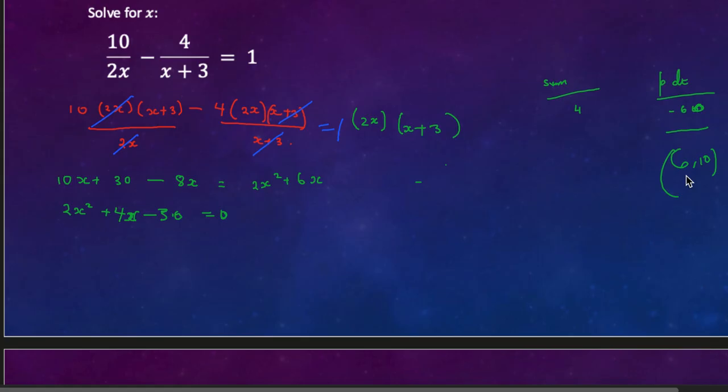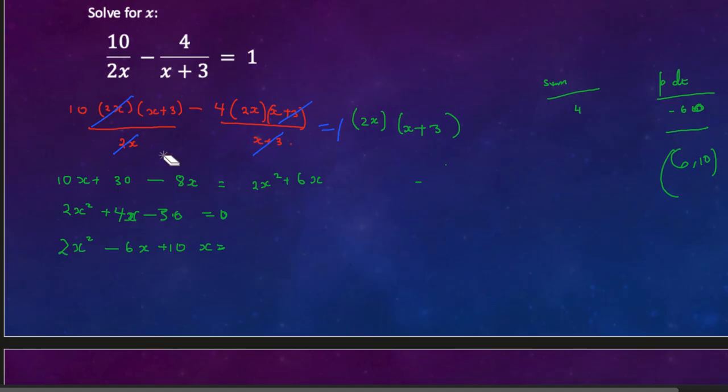So if we get negative 60, that is our product. I explained that in the first one. So now we shall have 2x squared minus 6x, plus 10x, equals, oh wait, there is a minus 30. Okay, I think this was the part I missed in the first working.